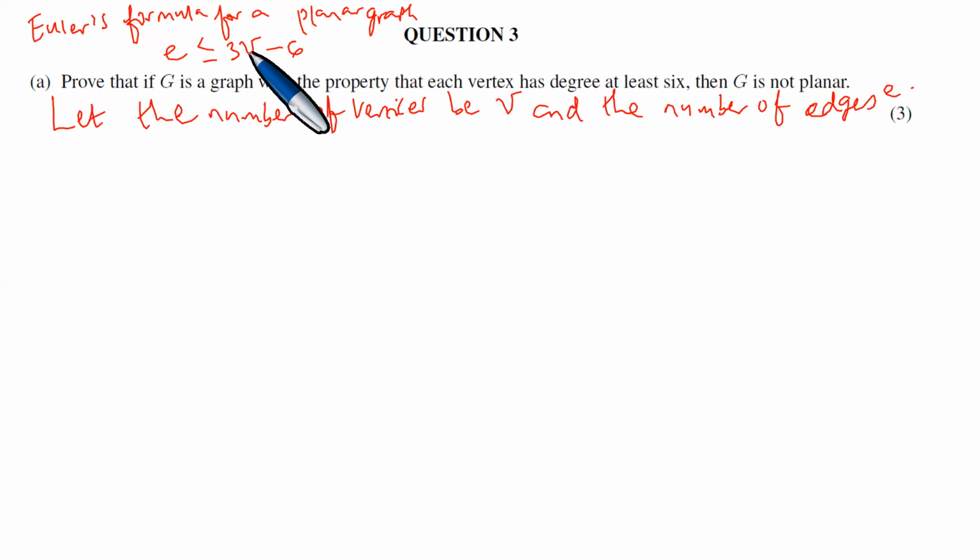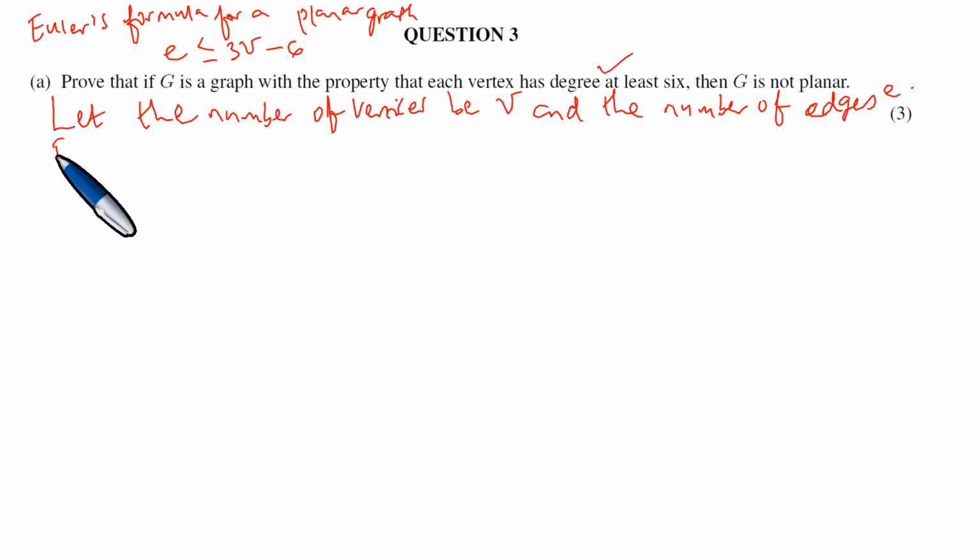All right, so we continue. They said that each vertex has degree at least 6.